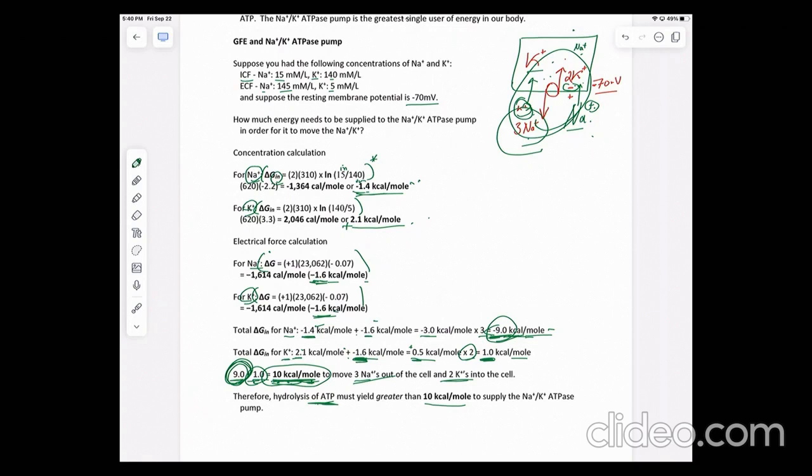When I hydrolyze an ATP, it's got to be north of 10 kilocalories per mole to run this pump. So hopefully that makes some sense to you. And now we have some real numbers in terms of what happens when we hydrolyze the ATP by way of the sodium-potassium ATPase pump. And again, given the numbers I have here, I'm going to need more than 10 kilocalories per mole to run that pump.